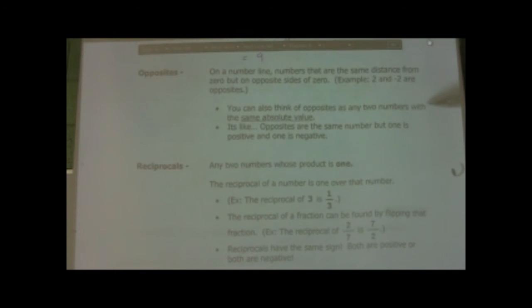X and negative x are opposites. All right? You can think of opposites as any two numbers with the same absolute value. 5 and negative 5, both of them have an absolute value of 5. They are opposites. It's like opposites of the same number, but one is positive and one is negative. Those are opposites.